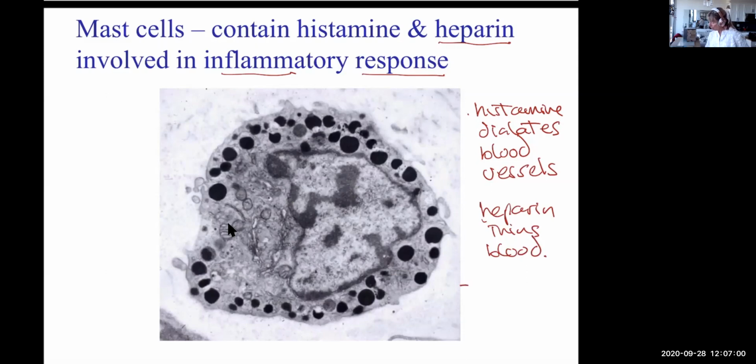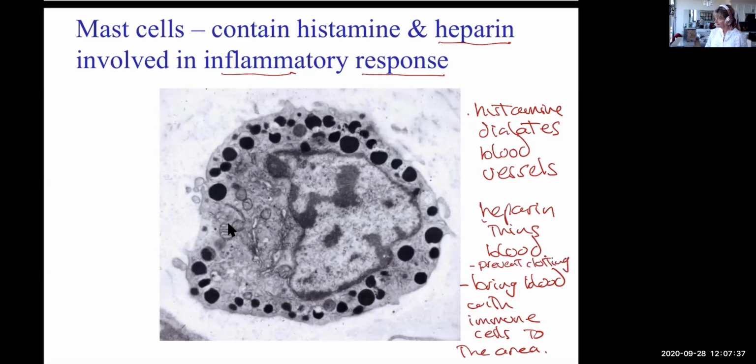And the purpose is to bring blood with immune cells, white blood cells, to the area. So mast cells are instrumental. Heparin prevents premature clotting. Mast cells.